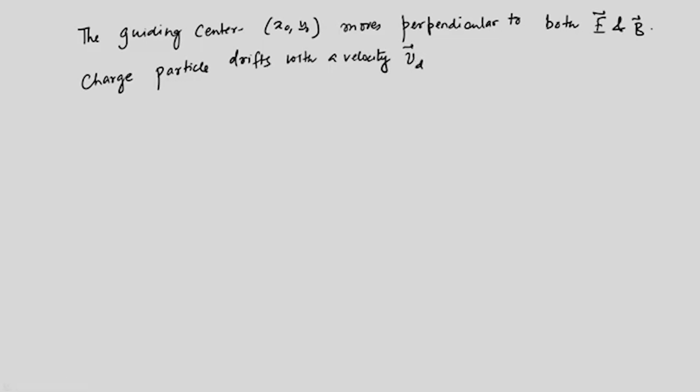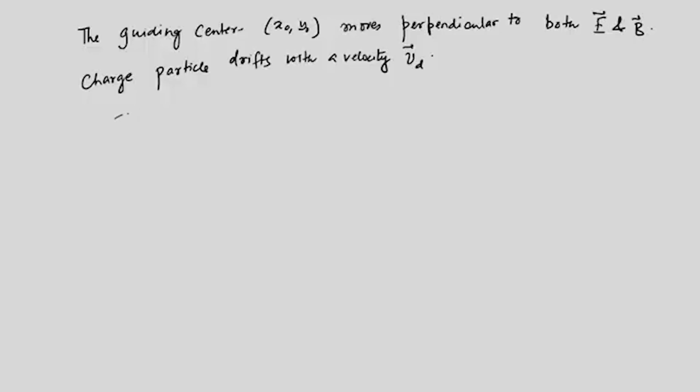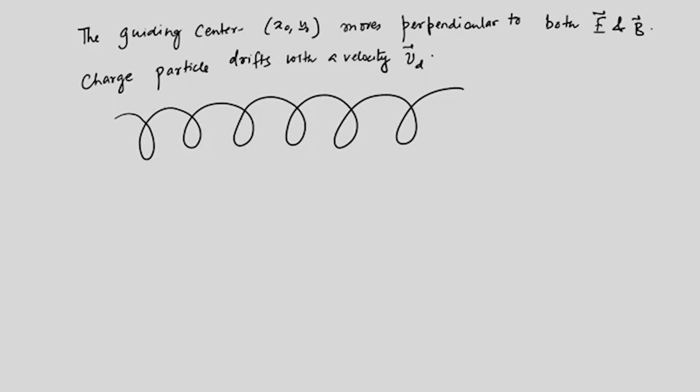The reason that I am writing this is that there is another contribution to the velocity which we will also have to worry about. Because the guiding center moves in a direction perpendicular to both E and B, the charged particle has to drift, and the drift is represented like this, and so on. In particular, suppose B is pointing inside the screen.